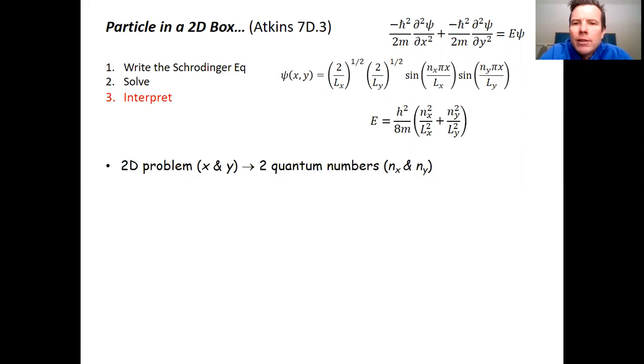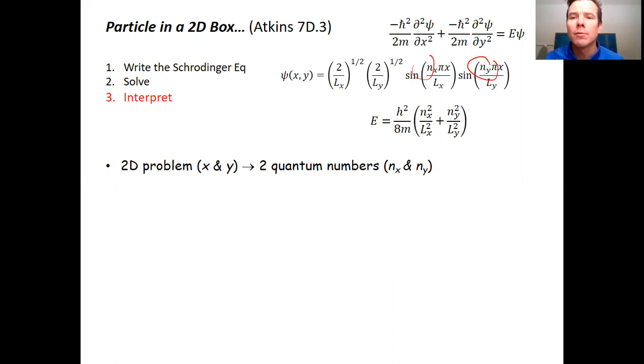The first thing I would point out to you is that this is a different system. It's a 2D problem. Particle can move in X and Y. And when we solve the solution, we get two quantum numbers, nx and ny. Two dimensions, two quantum numbers.